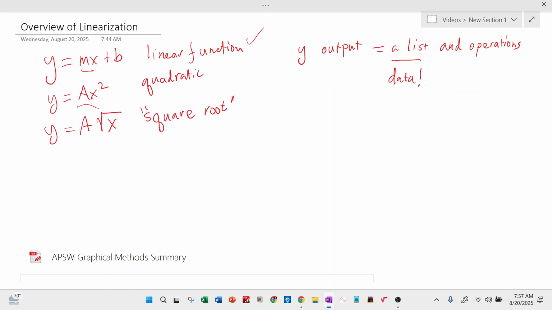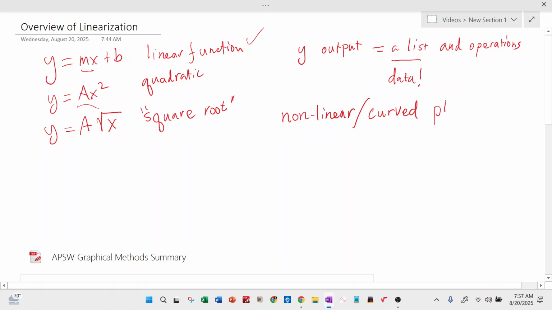So what we want to do when we linearize is take nonlinear data, some sort of curve, and we want to modify a list so that the nonlinear data plots as a line.